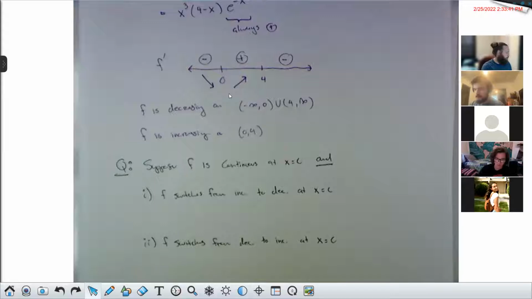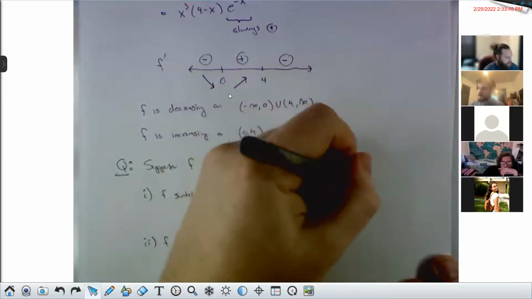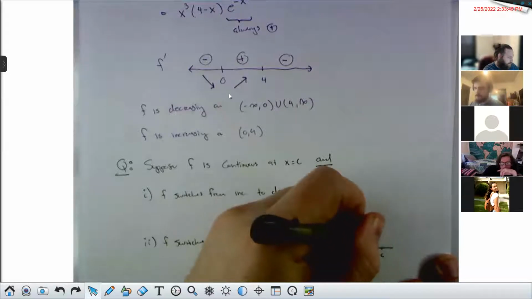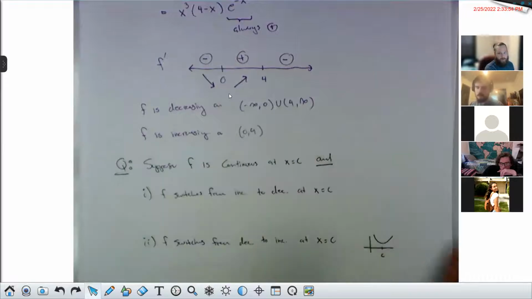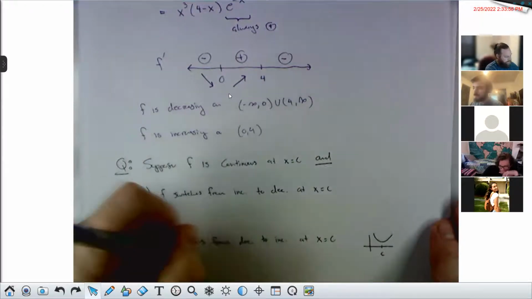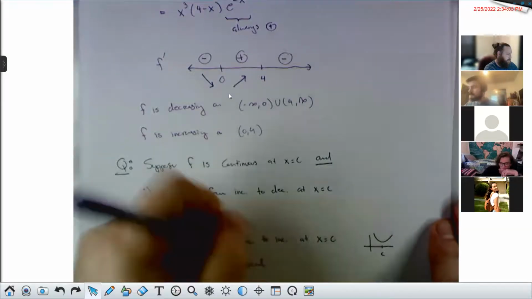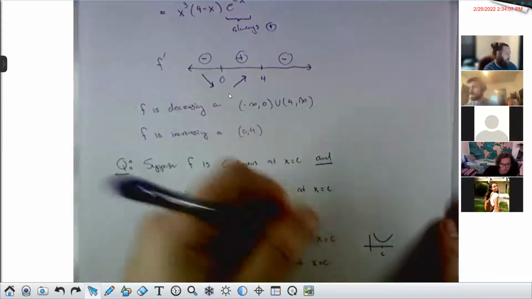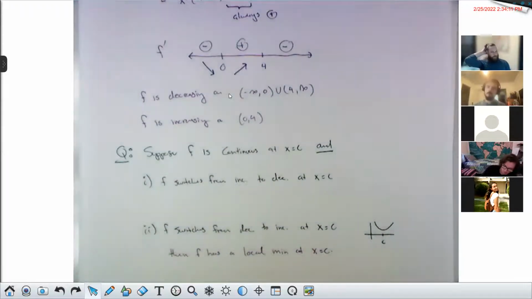Yeah, there must be a local min. Right? That's the picture down here. See, if I switch from decreasing to increasing at x equals c, then f has a local min at x equals c. I can't say whether it's an absolute min or not, but I can definitely tell you that there is a local min there.